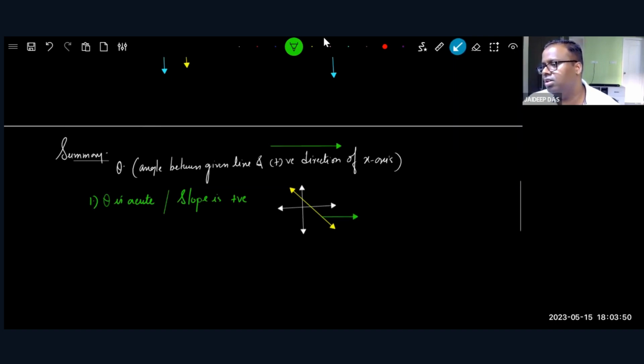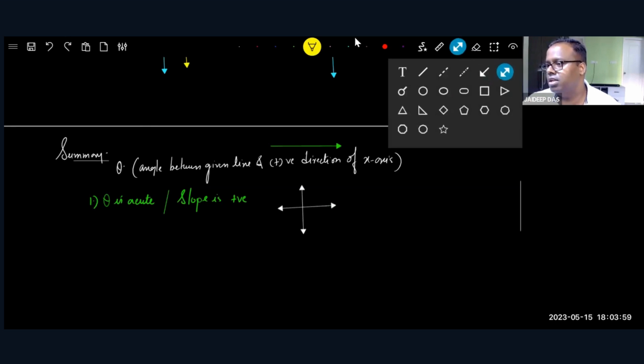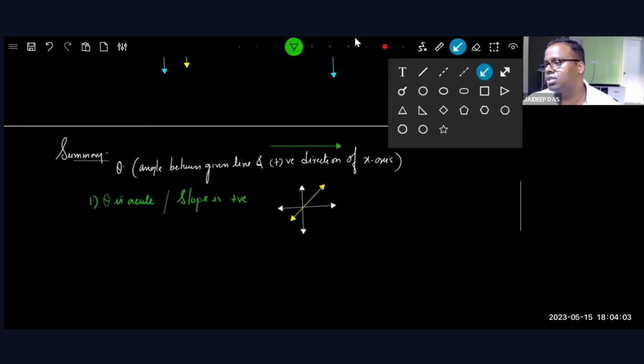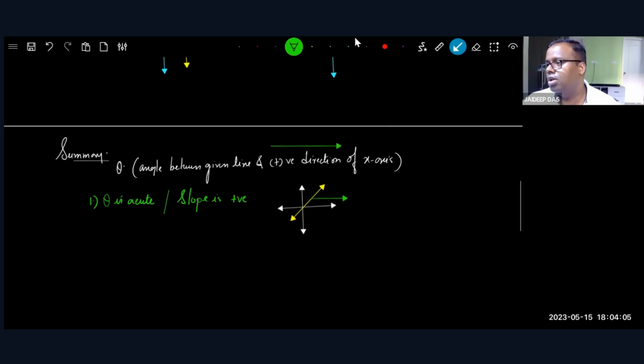No, the line is wrong. What I drew is a completely wrong picture. So the right picture would be this. Now draw the positive direction of the x-axis. And where is theta? Theta is here.